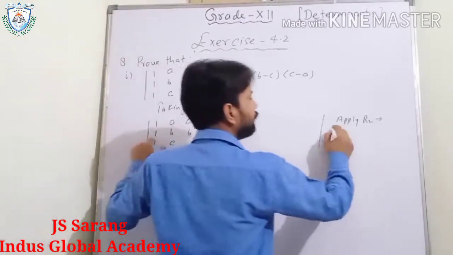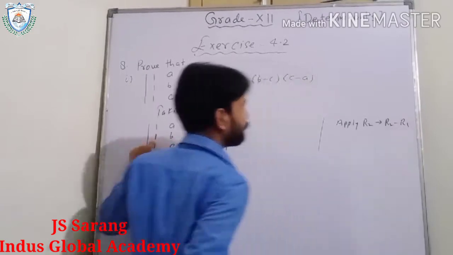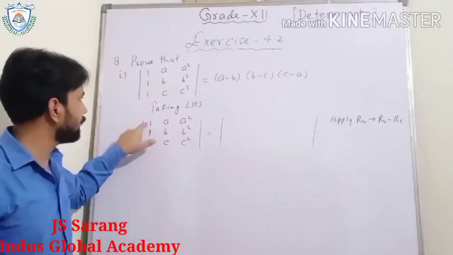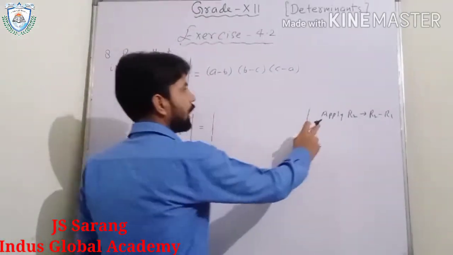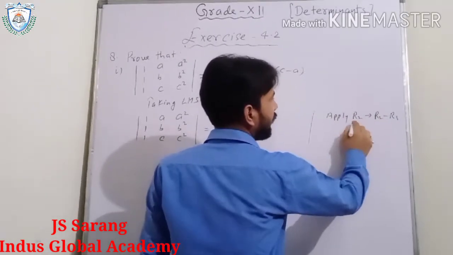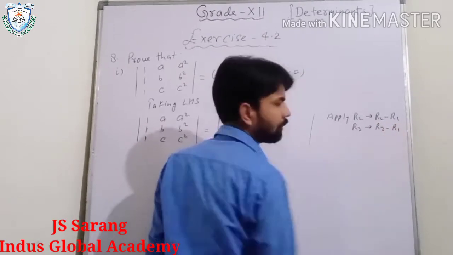So we will apply the operation in R2, that is R2 minus R1. Similarly, we will apply the operation in R3. R3 minus R1. Again 1 minus 1, we will get 0. So apply R2 minus R1, and in R3, that is R3 minus R1.